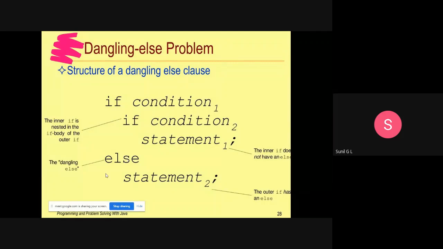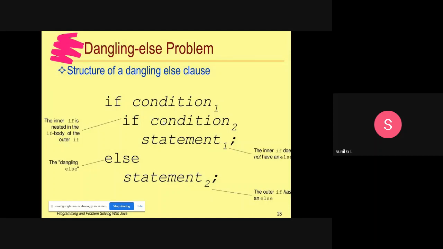Whichever if the else is nearest to, you can join with that. Usually, when it is a nested if, this else will be nearer to the second if statement, so join with that second if, and it removes the dangling problem.